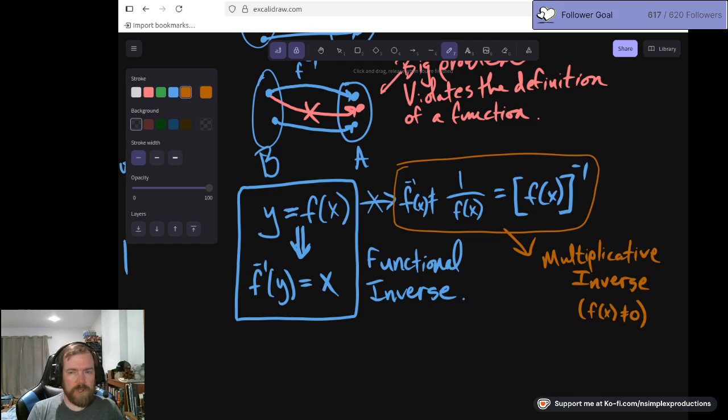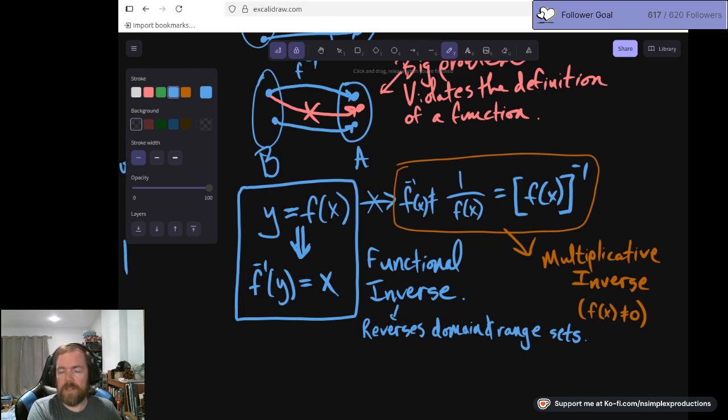Right, for a functional inverse, usually what's happening there is we're going to end up swapping the domain and range sets. So just like we set up there, right? Our B set is now going to become the domain, and it's going to be mapped over to the A set, which is going to be our range.